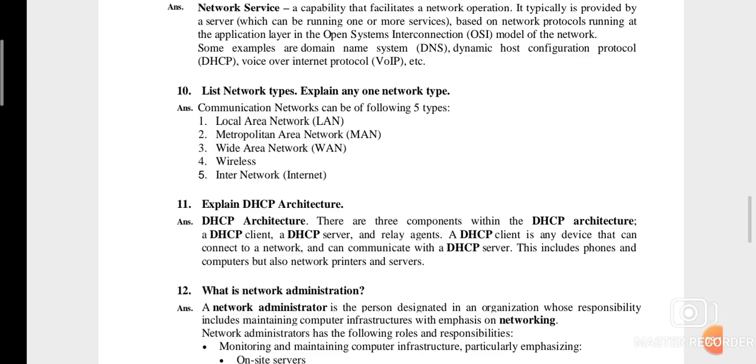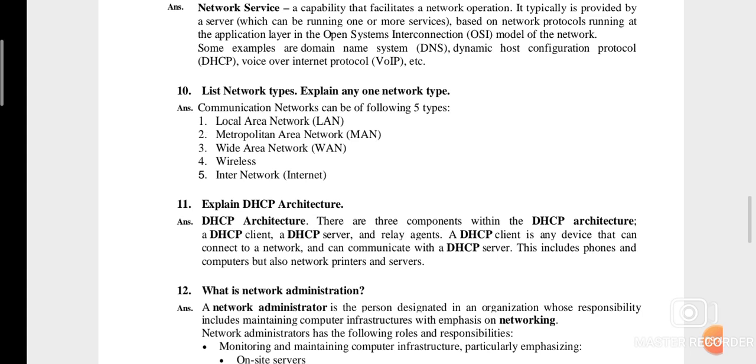We have already seen this LAN, MAN, WAN concept in the previous semester in the subject of computer network. Local area network, metropolitan area network and wide area network are very important concepts of our networking system. Another type of network is wireless, and then the internet network, it means internet.